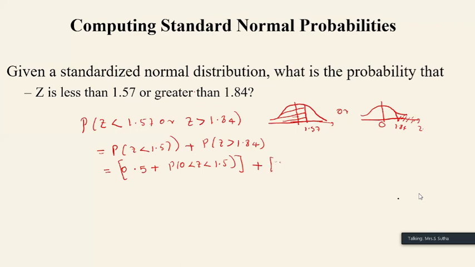So 0.5 minus the probability of 0 less than Z less than 1.84.